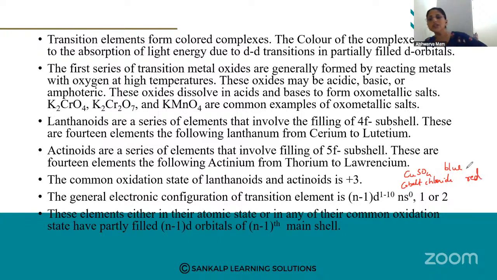It is because of the transition metal which is present, copper or cobalt. Why do these elements form colored compounds? The color of the complexes is due to absorption of light energy due to d-d transitions in partially filled d orbitals. So what does that mean?